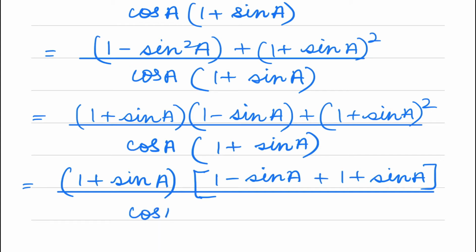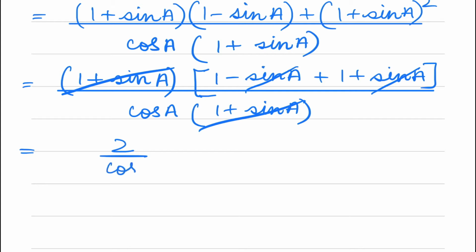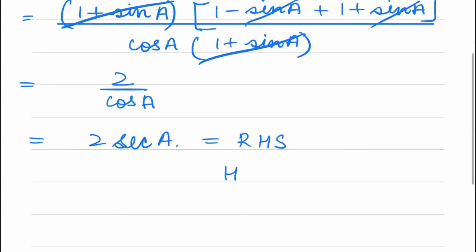And in the denominator I have cos A into (1 plus sin A). Now (1 plus sin A) gets cancelled with (1 plus sin A), and minus sin A with plus sin A. I get 2 by cos A, and 1 by cos A can be written as sec A. So twice sec A, which is equal to the right hand side. So hence proved.